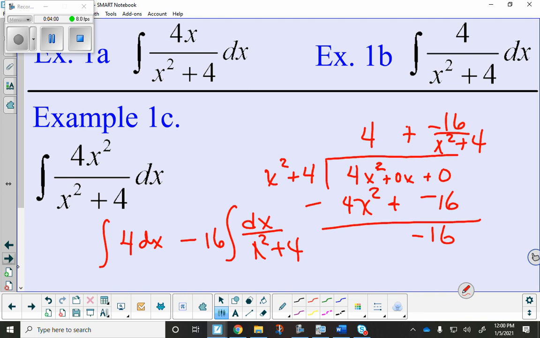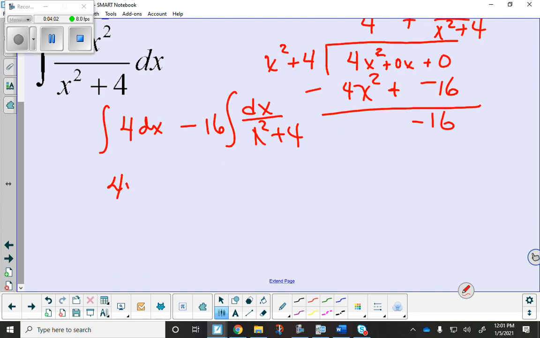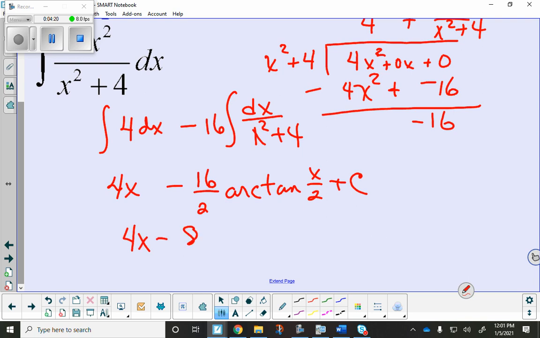Okay, I can do that. This is just 4x, and we've just done that problem basically. This is going to be negative 16 over 2, the arctangent of x over 2 plus my c, which will give me 4x minus 8 arctangents of x over 2 plus my c.